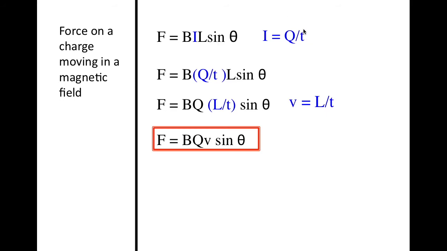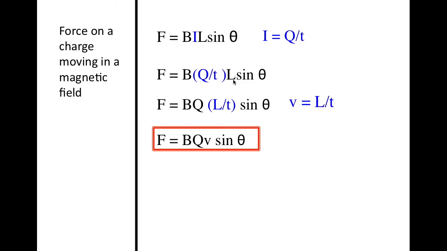Because the current is the result of moving charge, F equals BIL sine theta is written in terms of current. We can use this equation of current where I equals Q over T. If we sub this into the equation, we get F equals B times Q divided by T times L sine theta. We know that the speed is the distance divided by time.